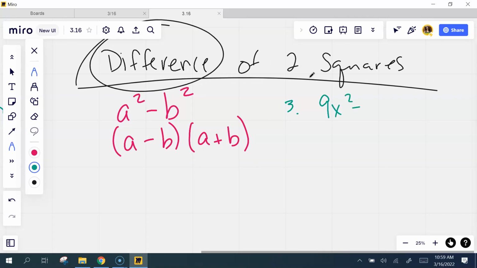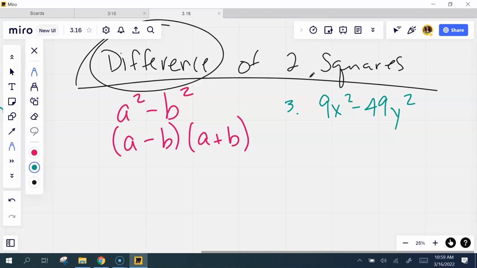9x squared minus 49y squared. This is, again, getting your feet kind of wet with factoring. They're laid out by difference of 2 squares. They're not just all jumbled together where you have to know what to do. So here, I know this is a difference of 2 squares. They're both perfect squares. Do you agree? What does it mean to be a perfect square? Multiply itself twice and you get that number, right?